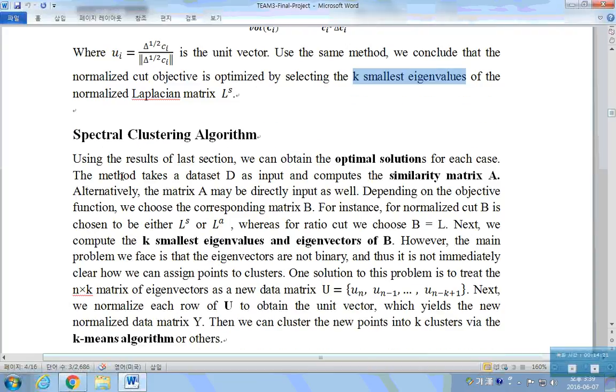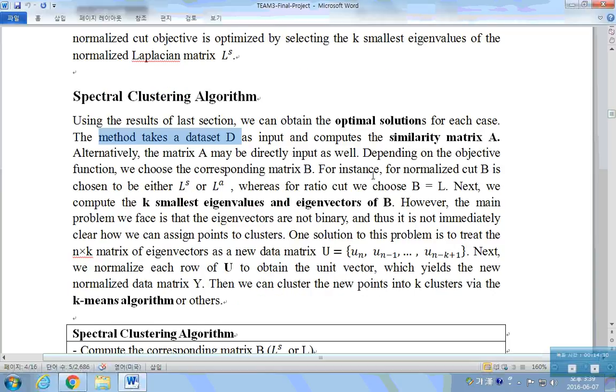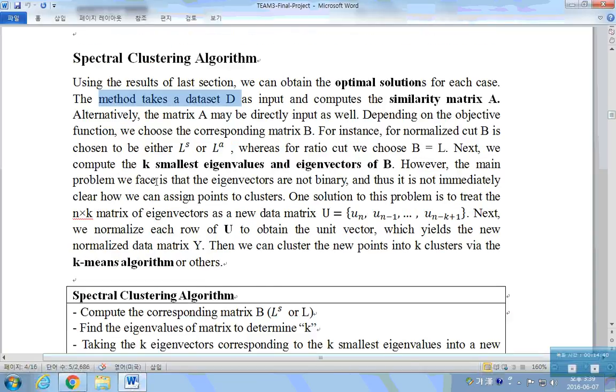So first, for the given data, we have to find the similarity matrix A. Then, depending on the objective function, we can choose the normalized Laplacian or the Laplacian matrix B. Then we find the k smallest eigenvalues and eigenvectors of B.